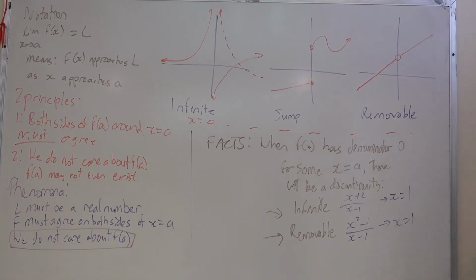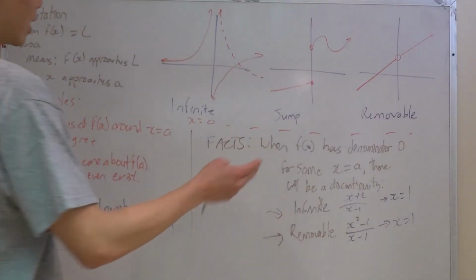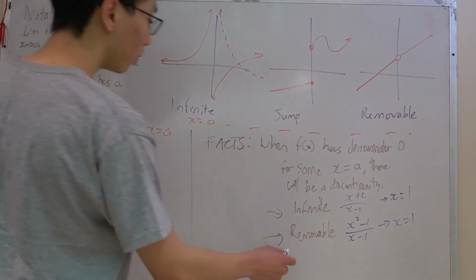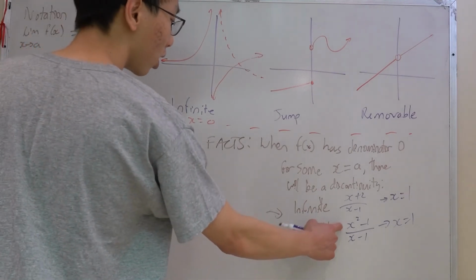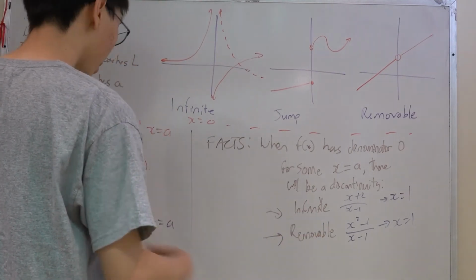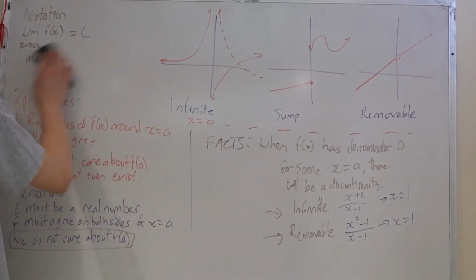Okay. The question is, how do you know whether your discontinuity is infinite or removable? This example actually contains all the information that you need. Okay? So the fact is, with removable discontinuities, if you notice this top one, you can factor it. You can factor it as, and let me just write it over here.